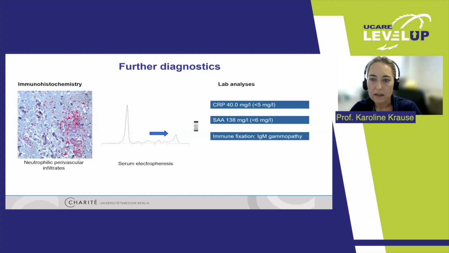She had elevated inflammatory markers, CRP, serum amyloid A, and also in her serum electrophoresis, you can see this peak, which upon immunofixation showed a monoclonal band for IgM. So to sum up, she had a diagnosis of Schnitzler syndrome.